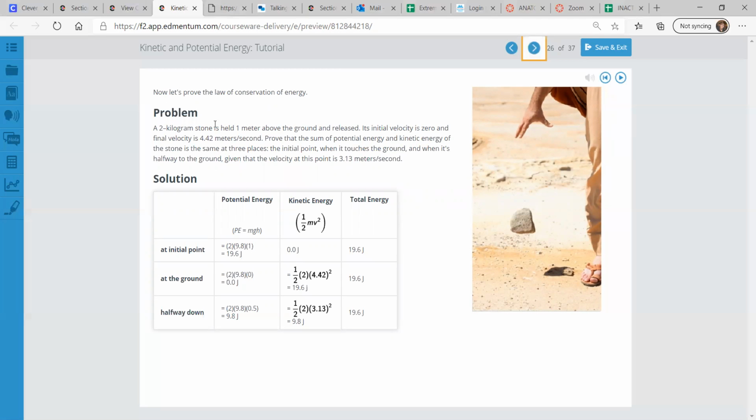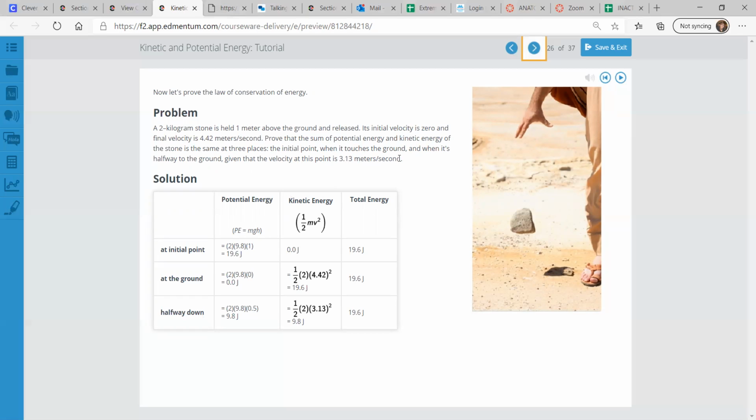So we're going to add the potential energy and kinetic energy at 3 points, where it starts, at the ground, and then halfway between the ground and when you drop it. And at that halfway point, the velocity is 3.13 meters per second.